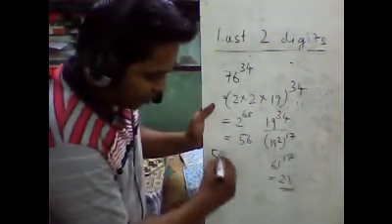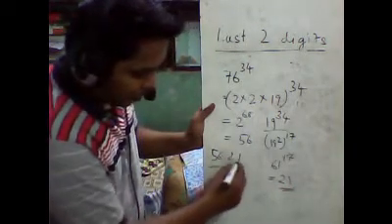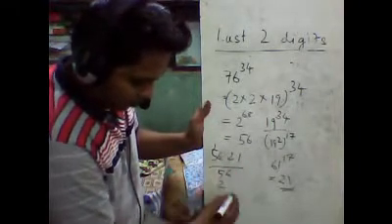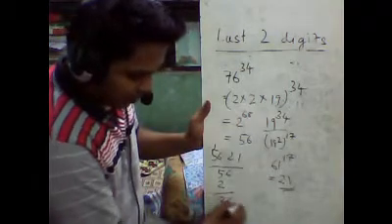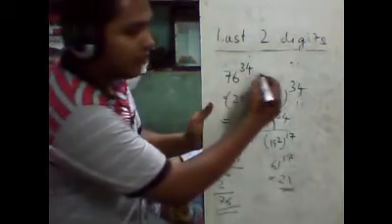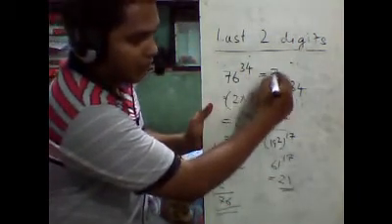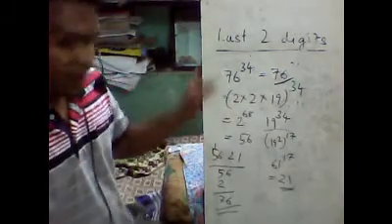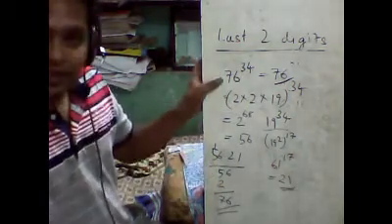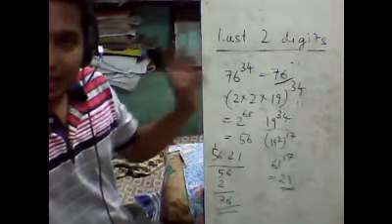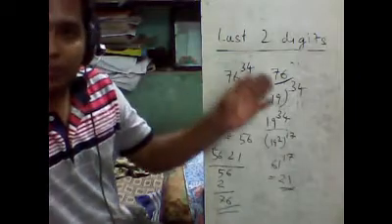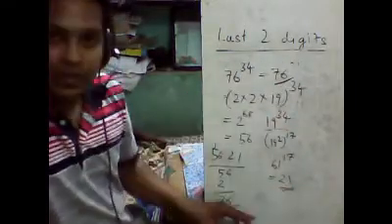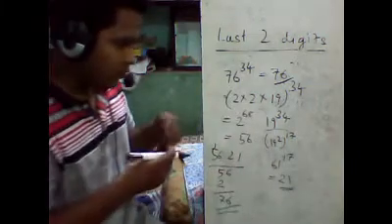So we need to multiply 56 with 21, which is 76. 76 is the last two digits of 76 raised to the power of 34. It is actually more simple than this. 76 multiplied with 76 will always result in 76, and hence 76 to the power of 34 is nothing but 76 itself. We don't need to do all this to solve it.